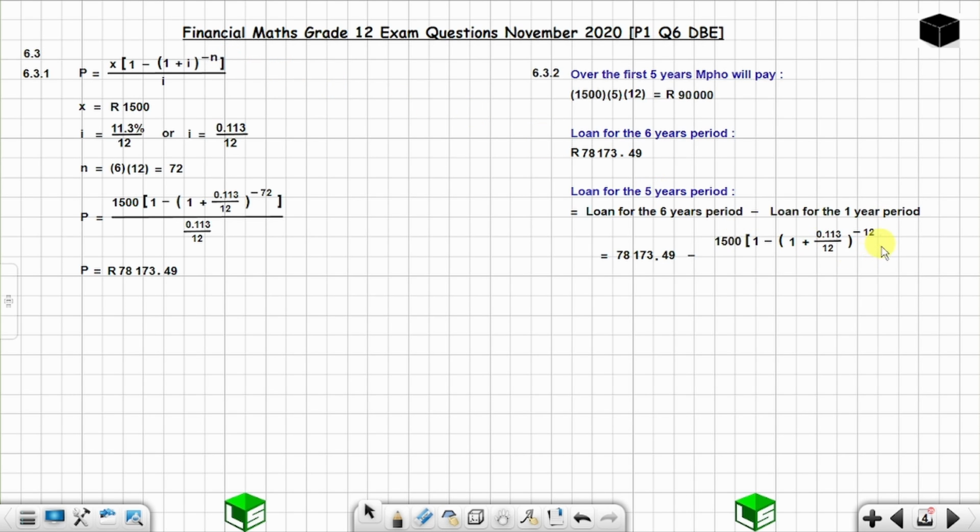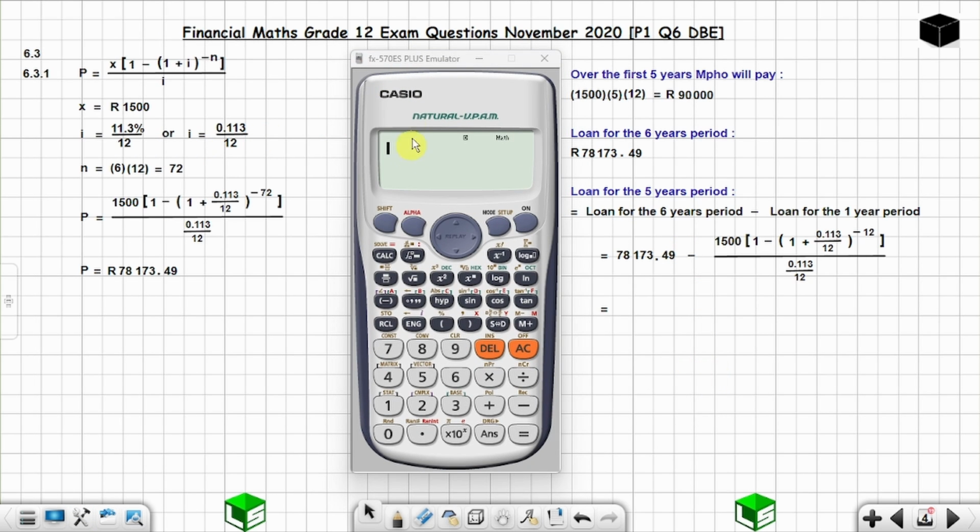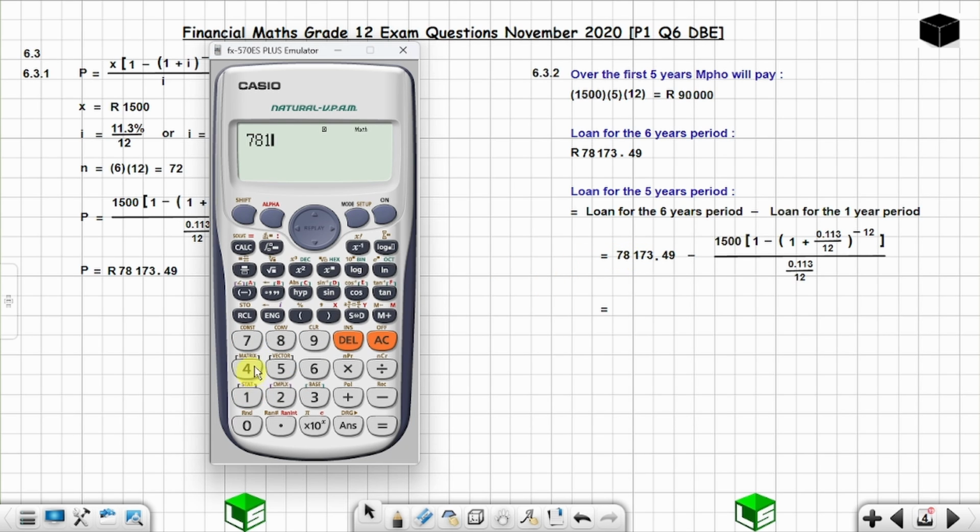Let's close the square bracket, over the interest rate, you have this. This is equal to, so you have this.